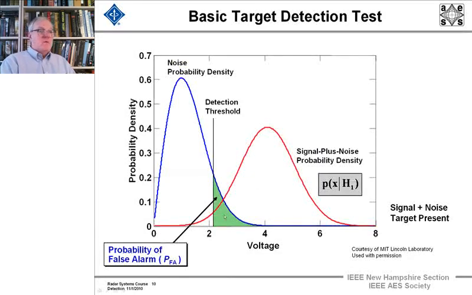Now, if we have a target present and noise present, there is a separate distribution for the probability density that we get. And that's this density in the red. It's the probability of our measurement when there is a target present. And here we have the integral under the noise curve is the probability of false alarm.